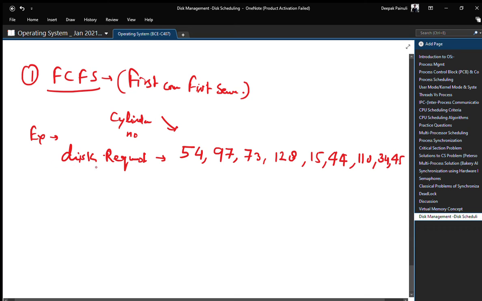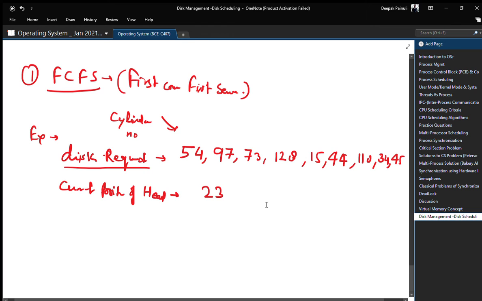These are the disk requests, or the disk queue given, right? And the current position of the head is cylinder number 23. That means currently the head is at cylinder number 23.